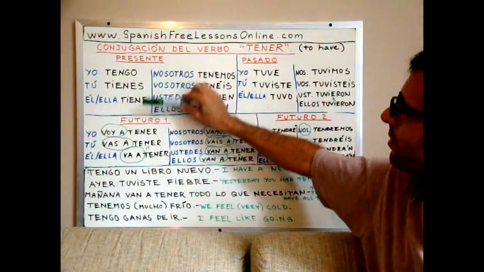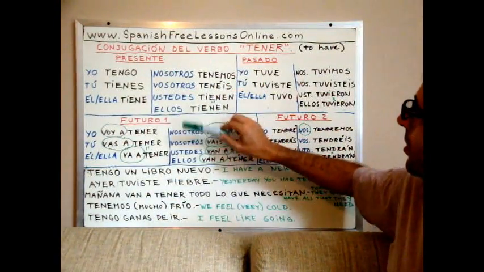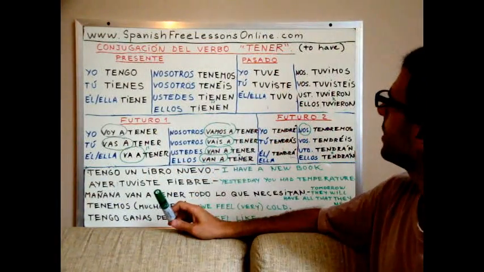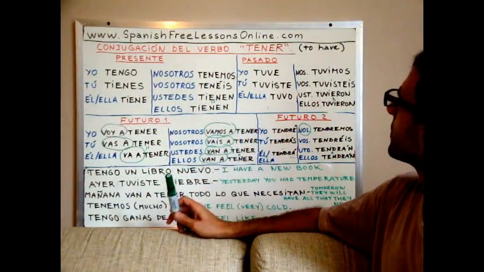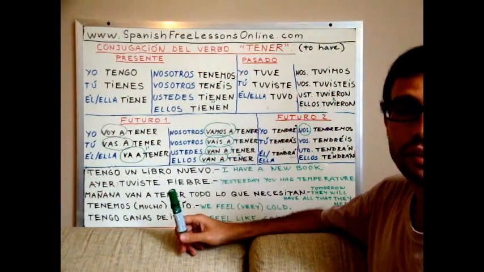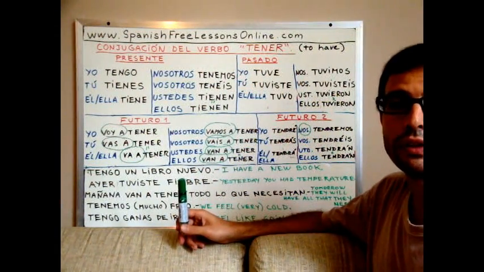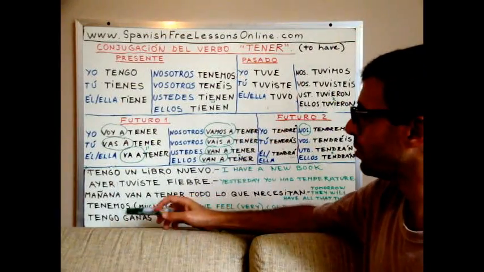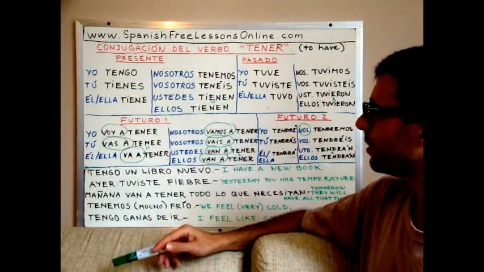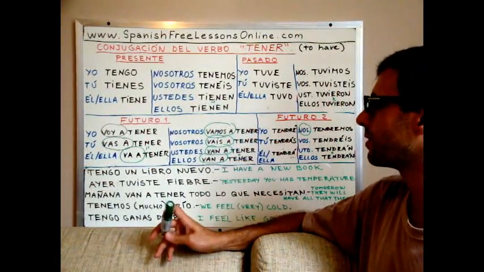I have left all this information here so you can look at it, and I remind you that tener means to have, but in some cases it also means to feel, right? And we'll see that in the last examples we have here, the last sentences. So let's begin with our first sentence.